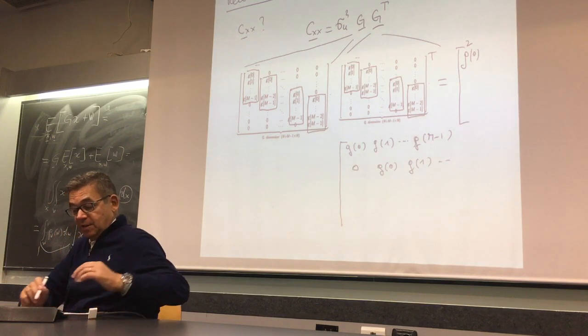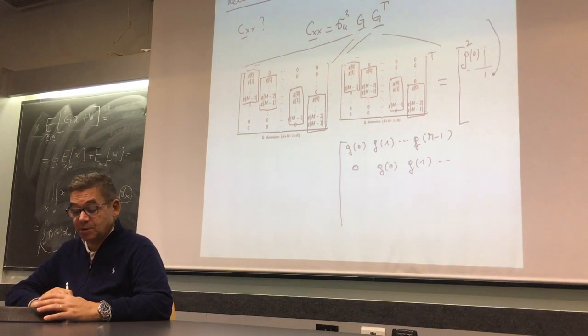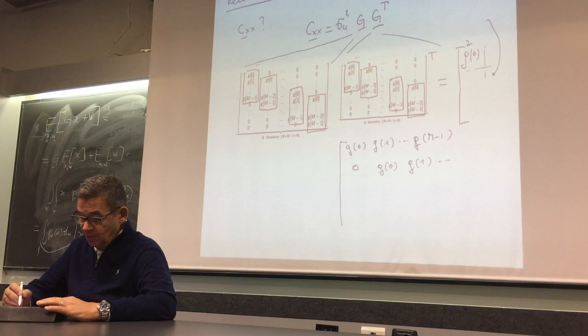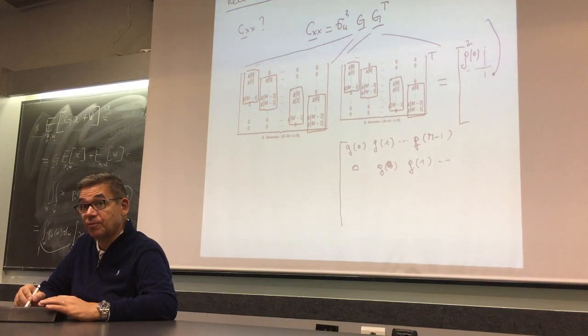Now, what is it, for instance, in the second position? In the second position, there is G1 multiplying G1 plus G0 multiplied by G0.